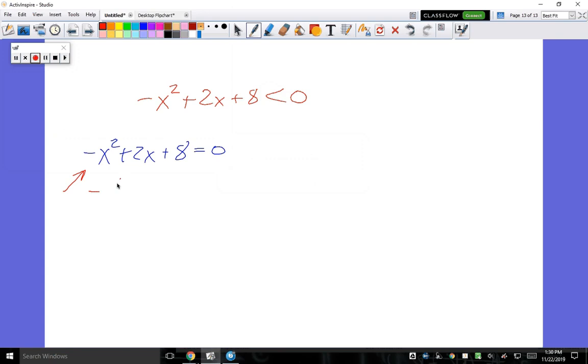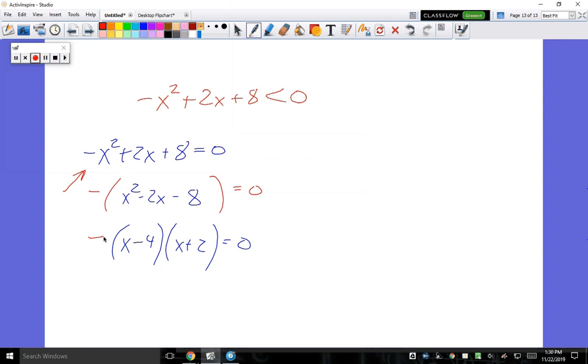If I GCF out a negative, and I have x squared minus 2x minus 8 left over, and I factored this out, it would be x minus 4 and x plus 2 equal to 0. But here's where the negative mistake could occur.